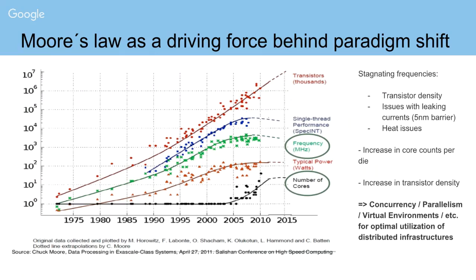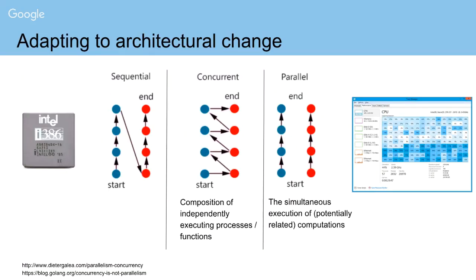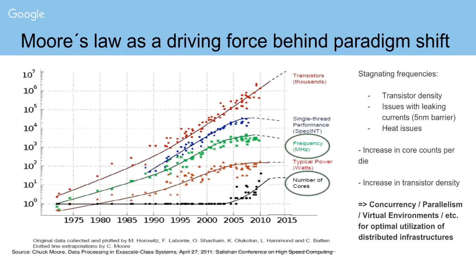Unfortunately, I haven't found this chart again. But if we would try to replicate the performance of this in a single core, we would have to put in an enormous amount of energy to do this with actual frequency. So what happens is we just start packing on cores, and these cores allow us to increase our performance by lowering the frequency at the same time.